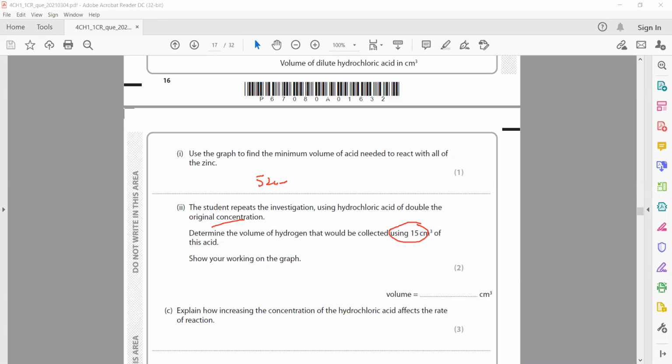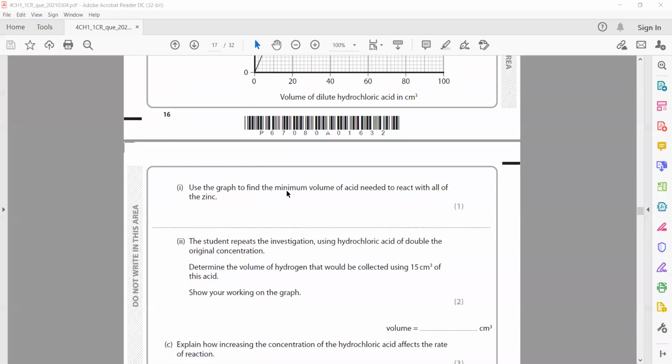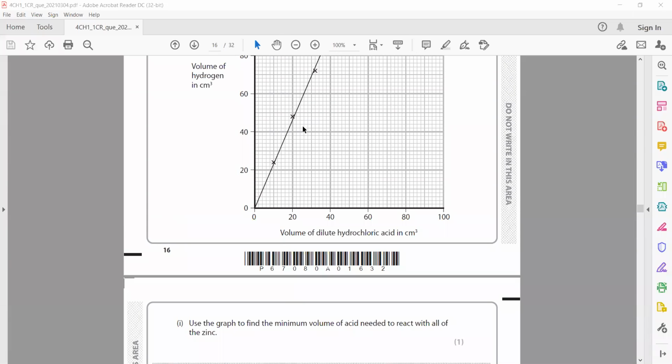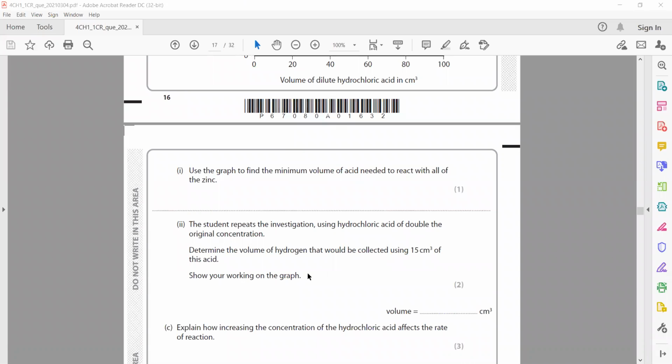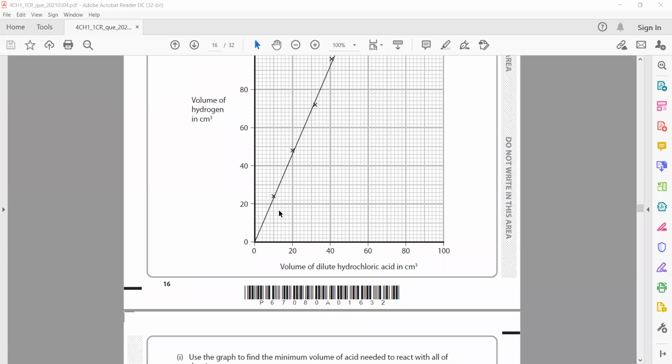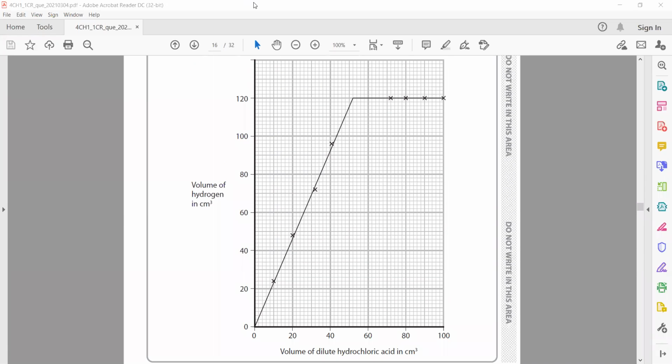So first, for 15 cm cube of acid, you will check how much volume of hydrogen gas there is when you are using 15 cm cube of acid. Originally, this is 10, this is 15.